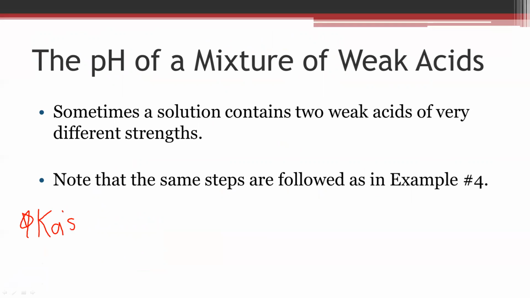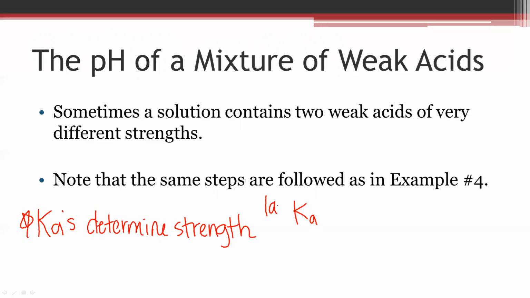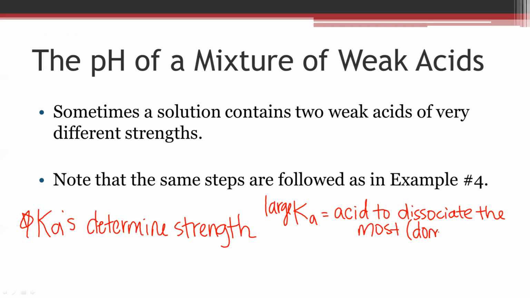Ka values help determine strength. So when you have a large Ka, that means it's going to be the acid that dissociates the most, or in a situation of a mixture, the dominant acid.